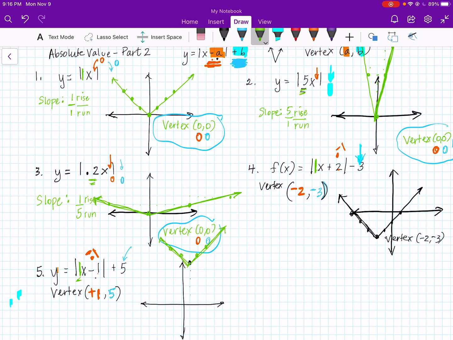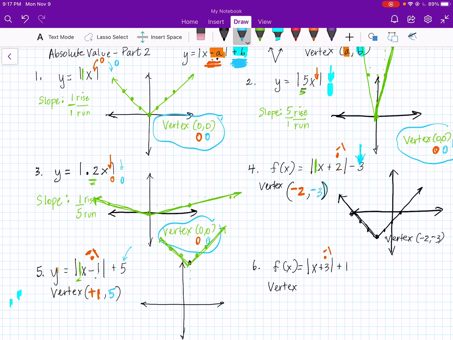All right, number 6 is f of x equals absolute value of x plus 3, and on the outside plus 1. So now what would my vertex be? A is on the inside, and you have to times it by a -1, Mrs. Smith.